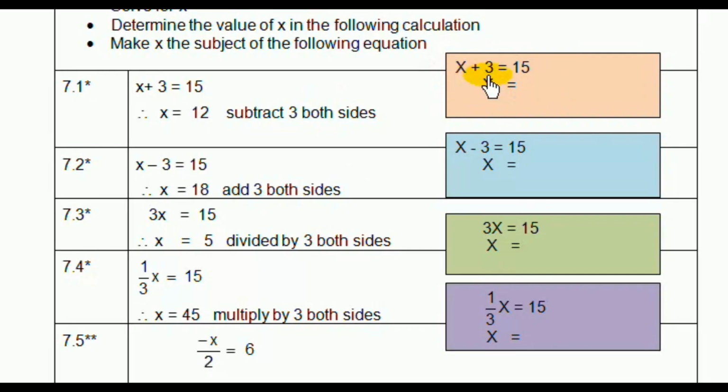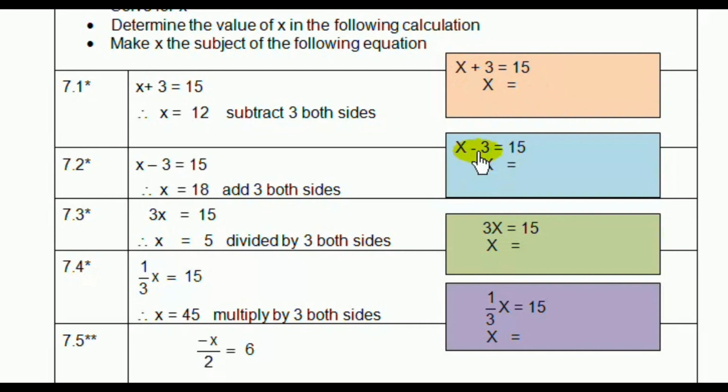There was an x plus 3, now there's only an x, so the plus 3 is gone. Now ask yourself, how did you get rid of that plus 3? And of course, if you do it on the one side of the equal sign, you've got to do it on the other side as well. So to get from x plus 3 to that x, you have to subtract 3 from the 15, so that answer there will be 12.